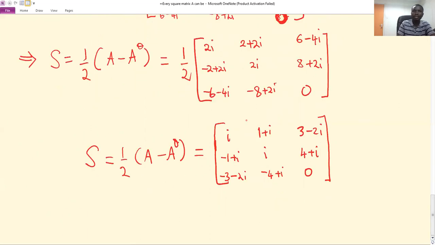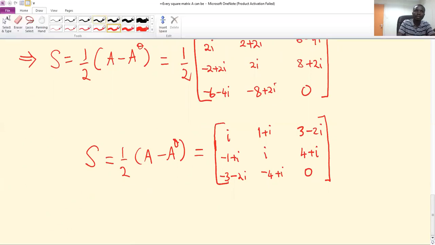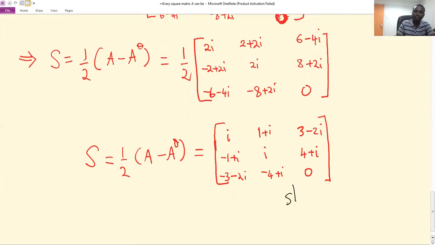You can see that this is skew symmetric.